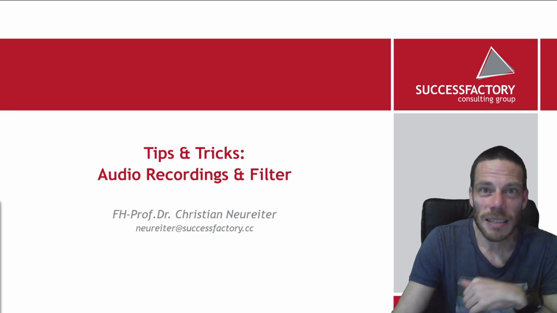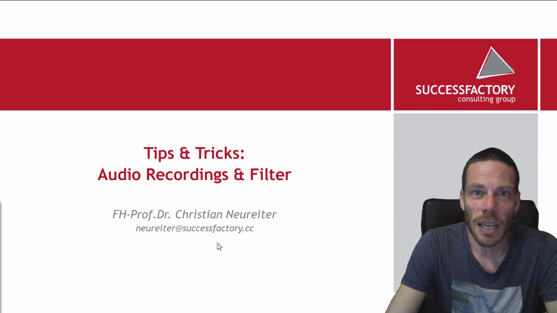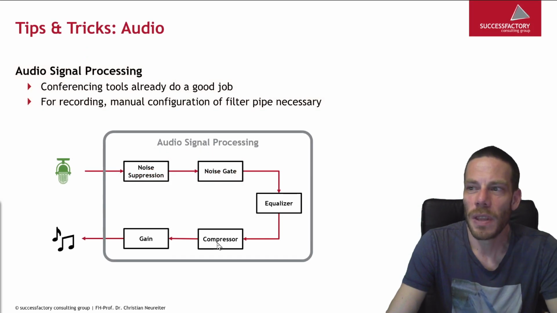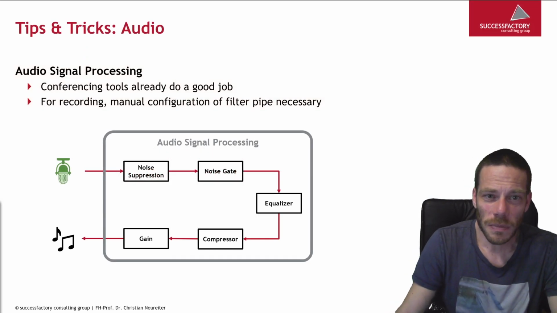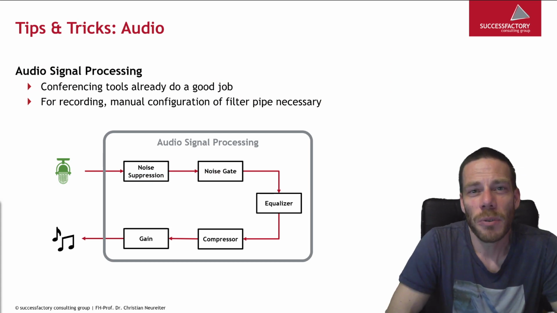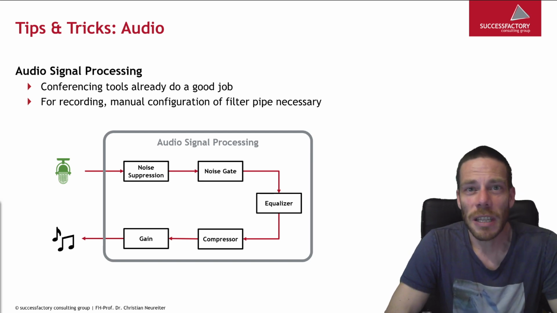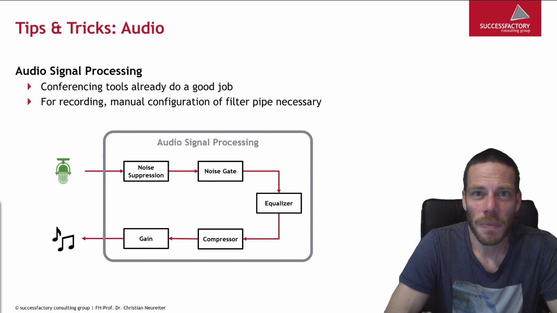Okay, but now let's start and take a closer look at what audio filtering looks like and which types of filters we can use and what they are intended to do. So first of all, if we think about audio filtering, we have to think about a pipeline of different filters where every filter is addressing a different purpose.